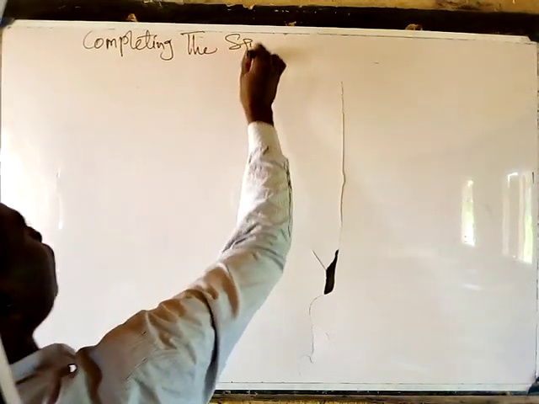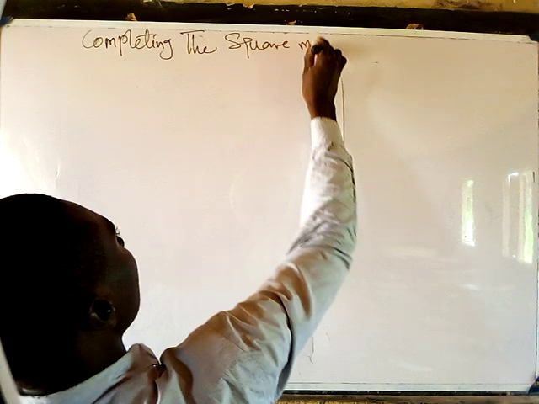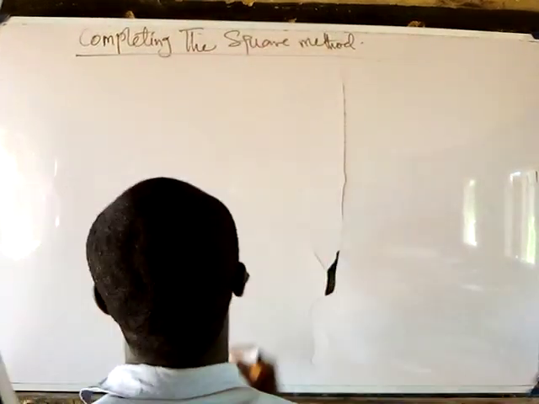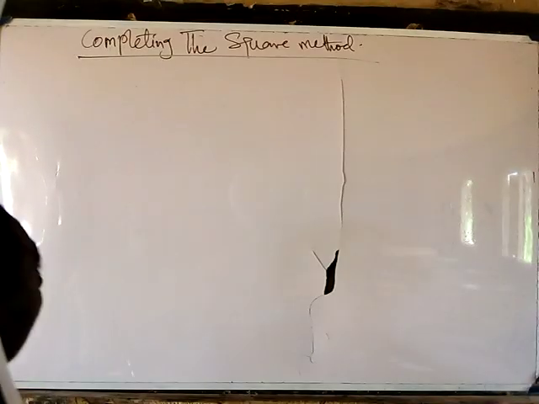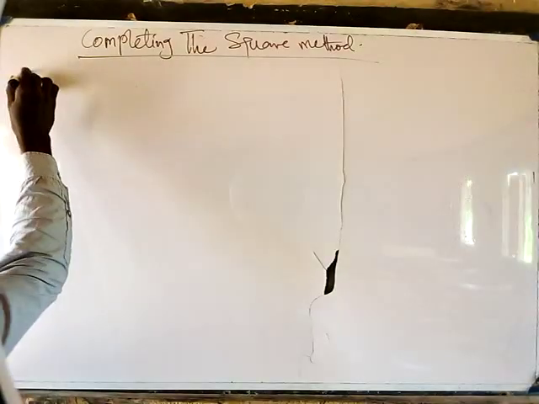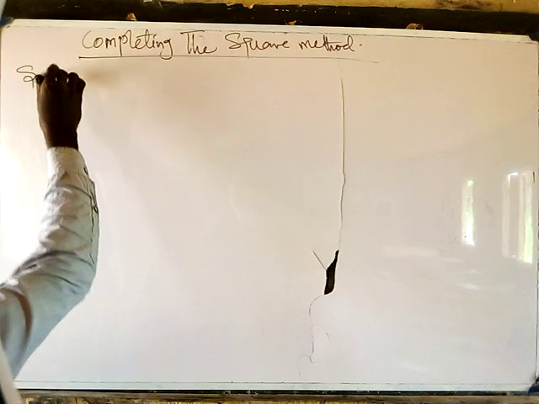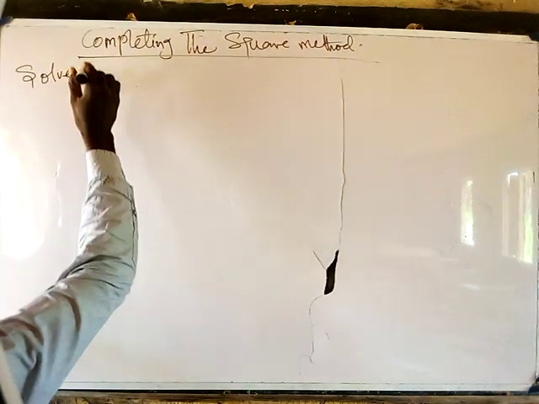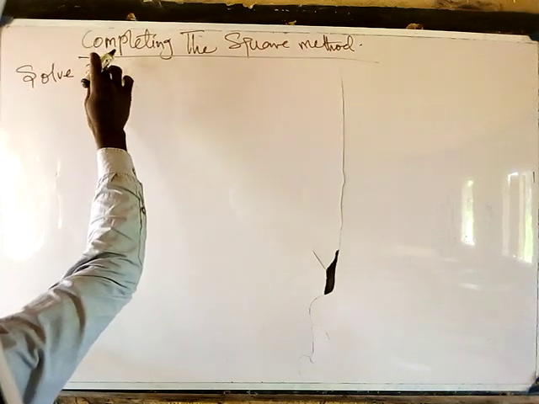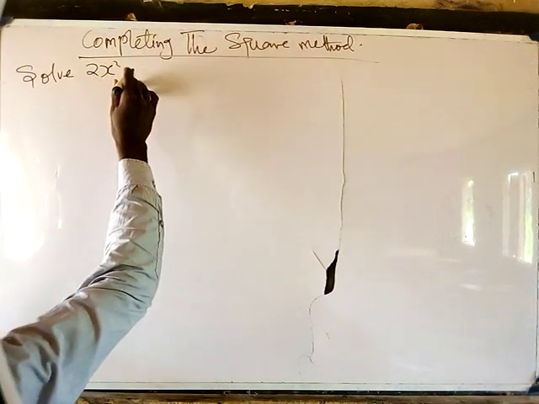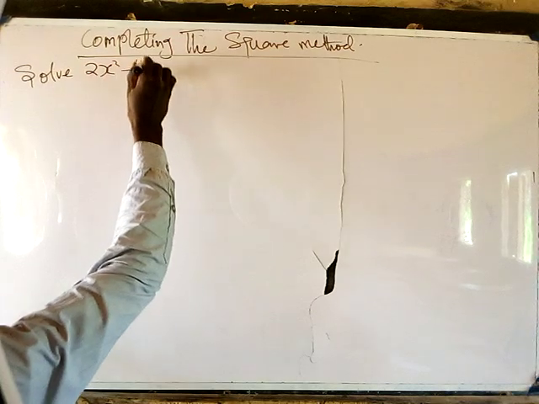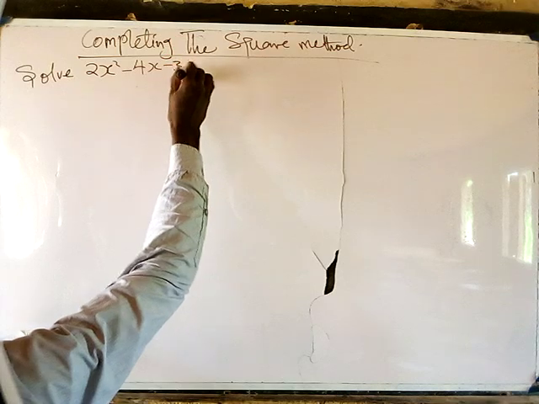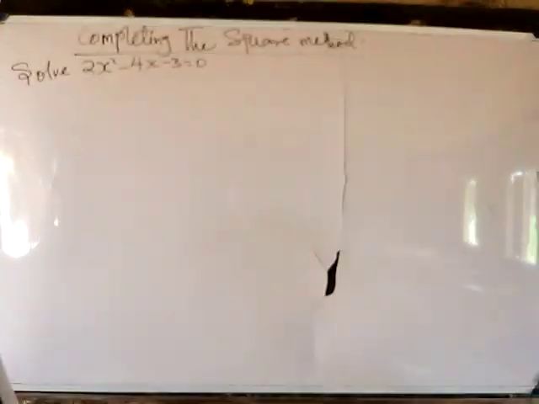Completing the square method. Now, you are to solve 2x squared minus 4x minus 3 equal to 0.